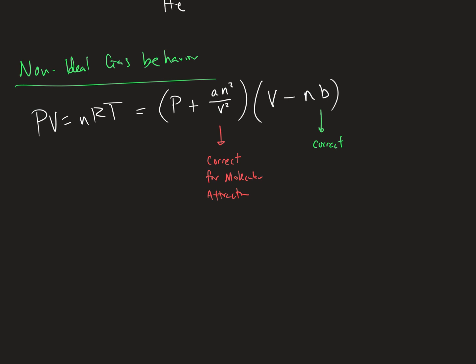Is it 0? It's not 0. So it corrects for the volume of the molecule. And then that's going to equal, you're going to like this part, nRT. So PV equals nRT.